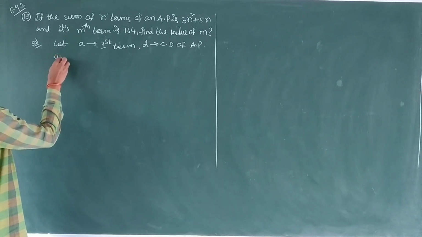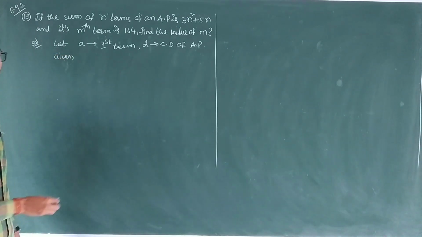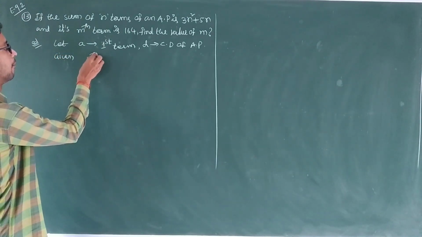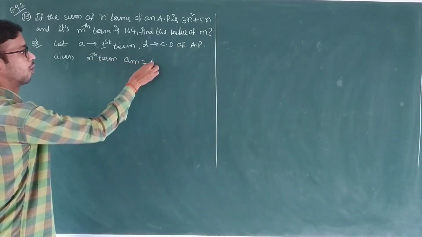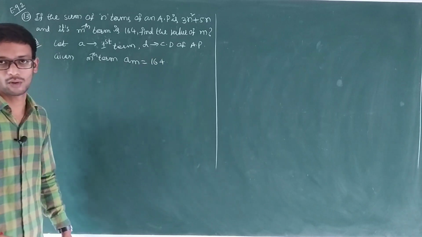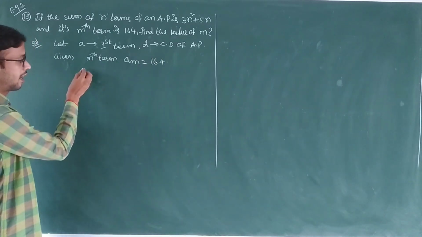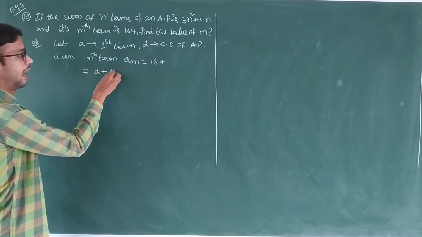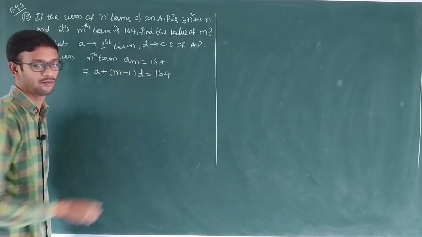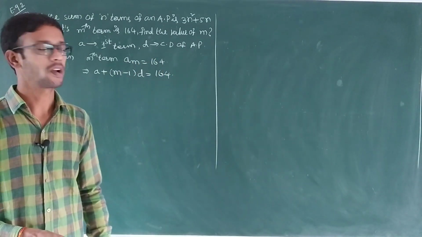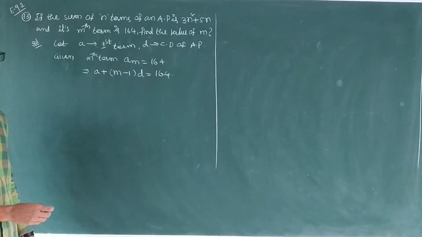Given mth term am is equal to 164. Am formula right here: a + (m − 1)d is equal to 164. Am completed.